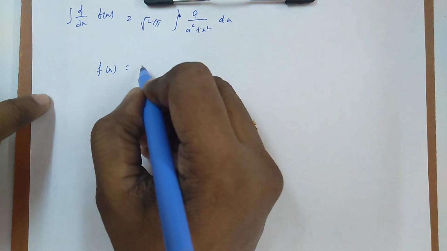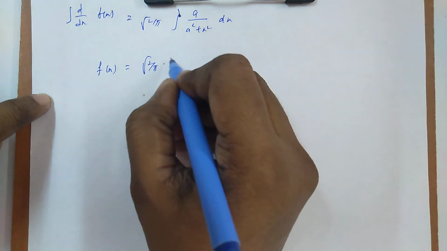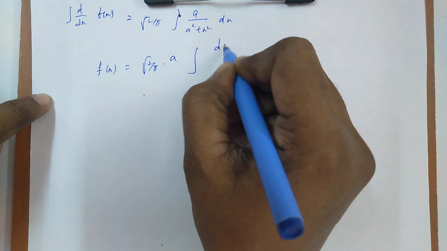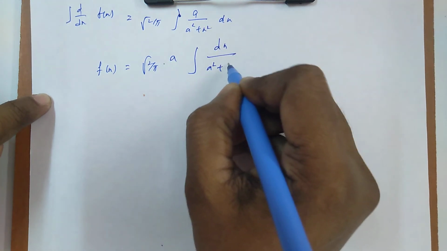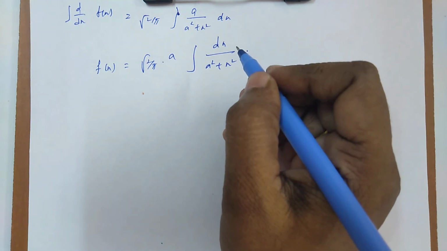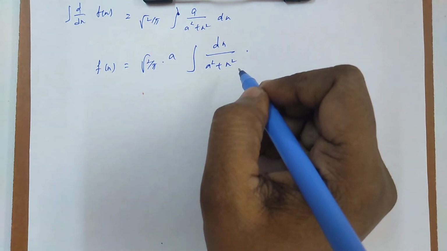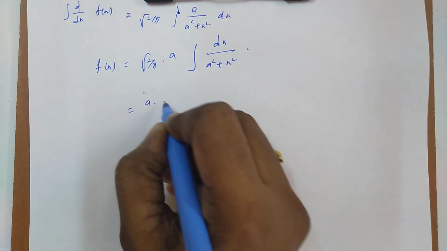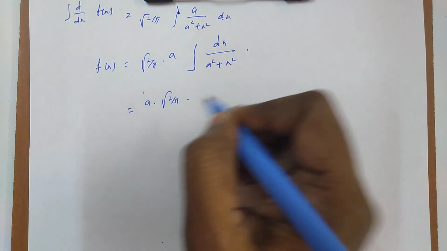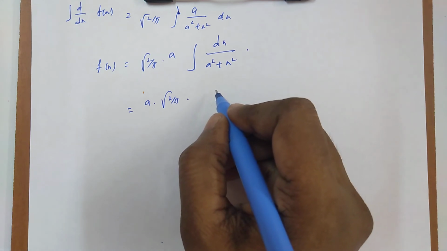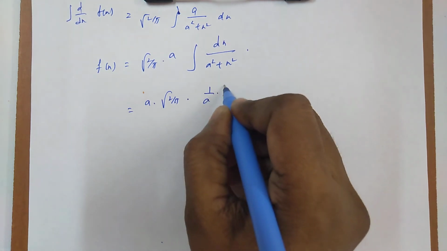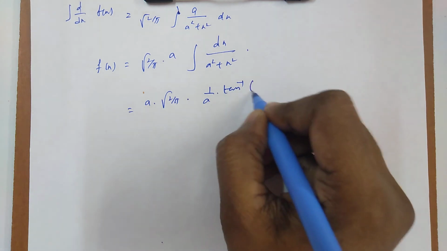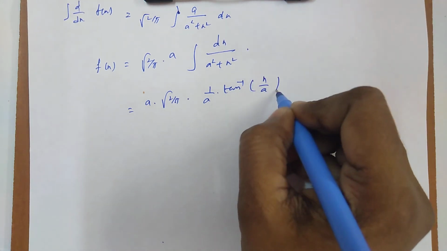A is a constant, we can take outside, 2 by pi into a integral dx by a square plus x square. Now integral dx by a square plus x square is nothing but a result. What is the result? It is 1 by a tan inverse x by a. This is the result.